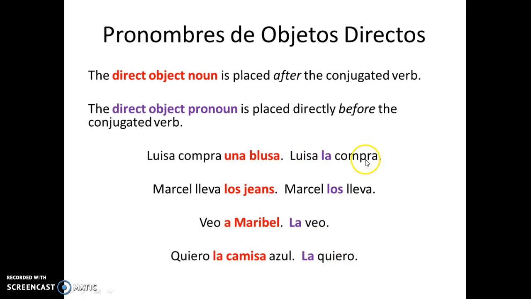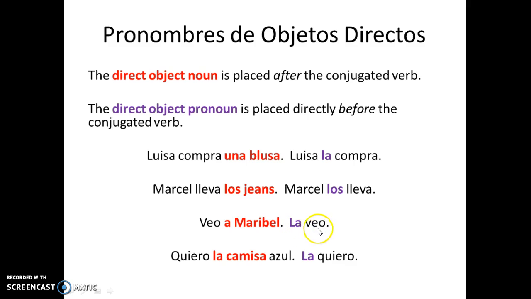Luisa la compra. La replaces una blusa. It is located before the conjugated verb. Marcel los lleva. Los replaces los jeans. It is located before the conjugated verb lleva. La veo. La replaces Maribel.